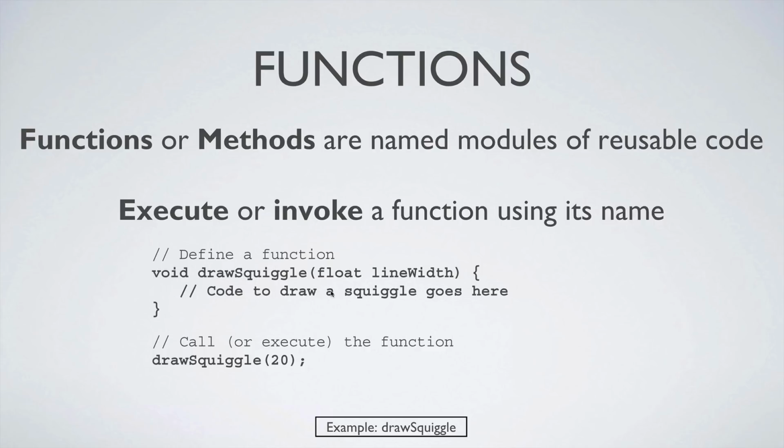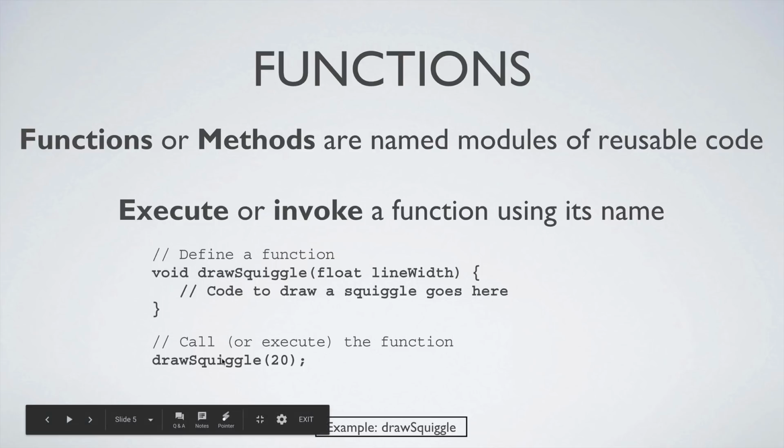The code to draw that squiggle goes here, and we also might want to make it customizable. So we might want to draw a squiggle every time, but also decide how thick the line should be, the line width. So we can give a value for the line width here. To use this function, we go draw squiggle 20.